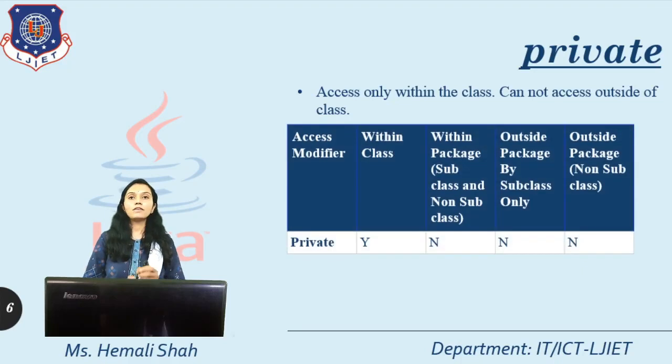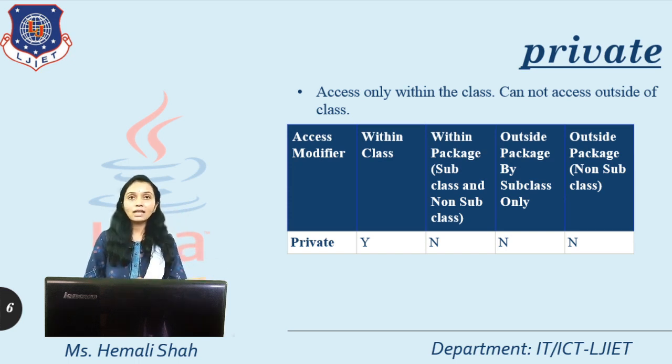So here, if you have the 4 categories of class, say for the example within the class, then within the package, in subclass or not a subclass, but package is same, you want to access the private things of some other class. Outside package, but that package having the class which is the subclass of some class.